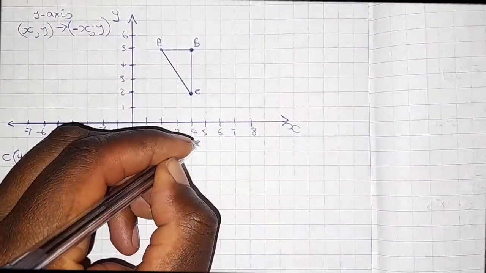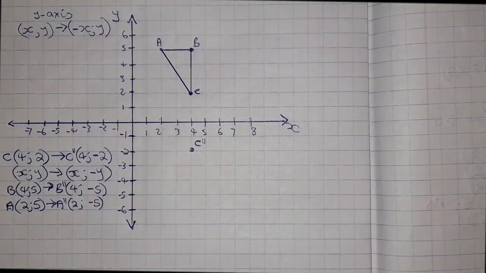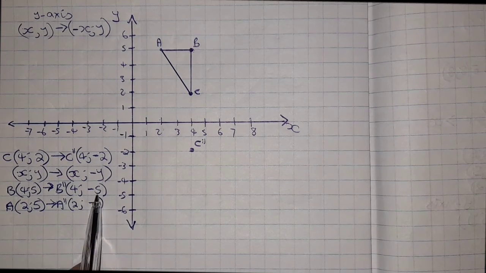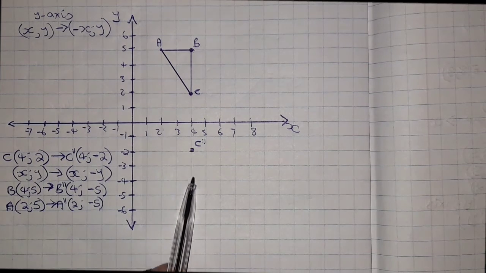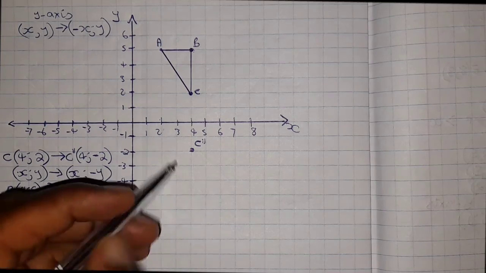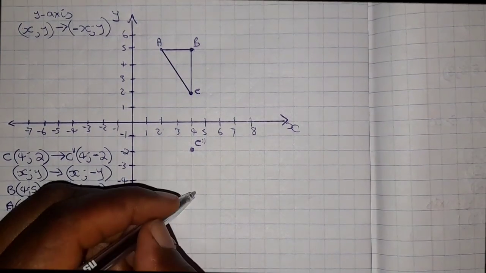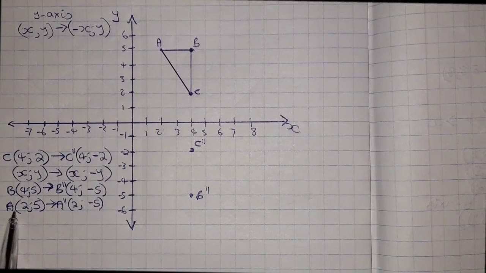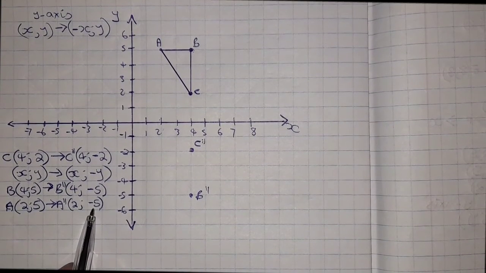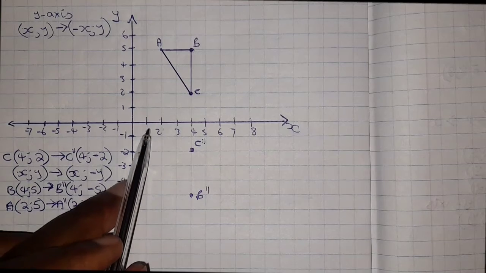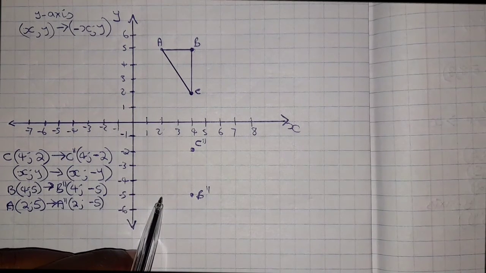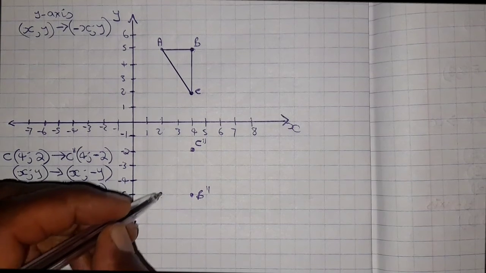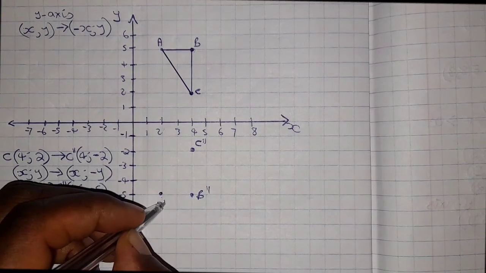We said this is C, the second image, and then B, the second image, is (4, -5). This is our 4 and our negative 5 is here. So our B is here. And then our A is (2, -5), so it is here. So this is our A.